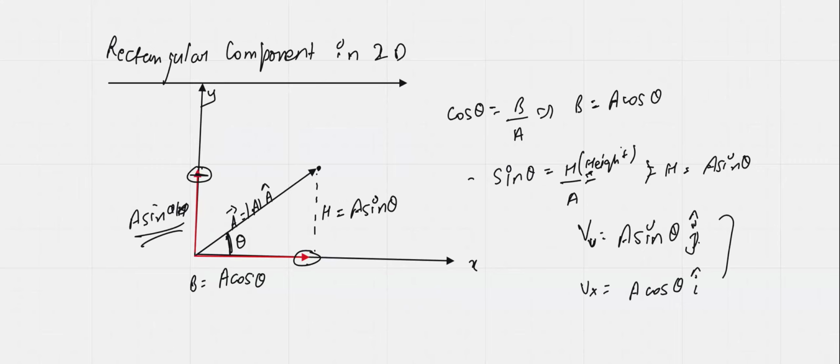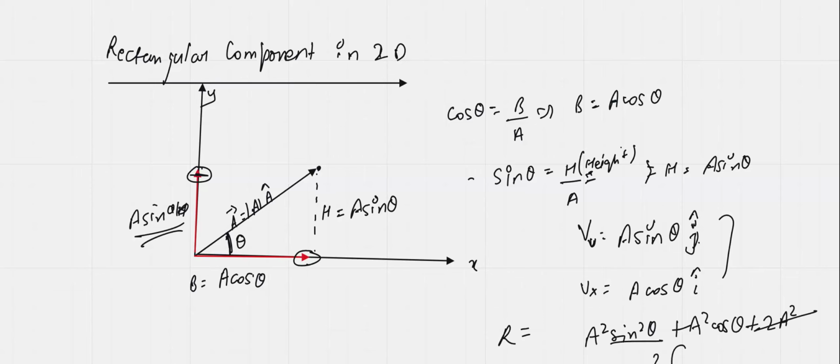Okay. Even if I ask you to get the resultant of these two vectors, when you calculate the resultant, it will be a square sine square theta plus a square cos square theta plus 2 a square times the angle between them, which is given to us, that is 90 degrees. Cos 90 comes out as 0. So you can simply say that a will be taken out as a constant.